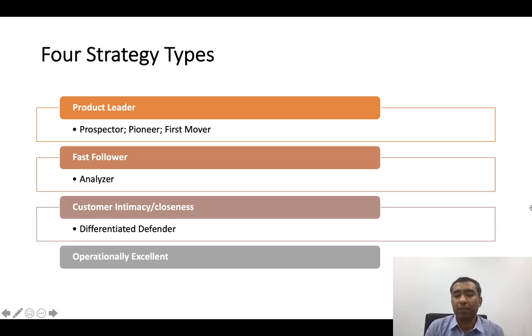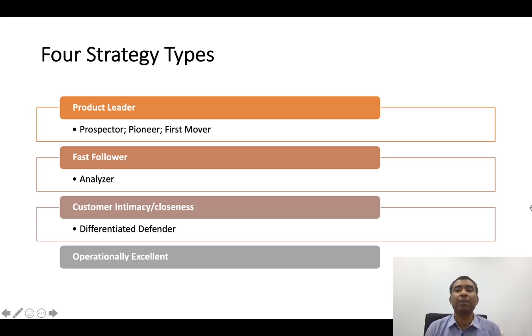And then the third one is differentiated defender, or we also call them customer intimacy. Those companies who have very good customer relationships would go with this option. They create a close relationship with the customer. So the customer will not buy any other product because they are very happy and satisfied with what the company is providing.